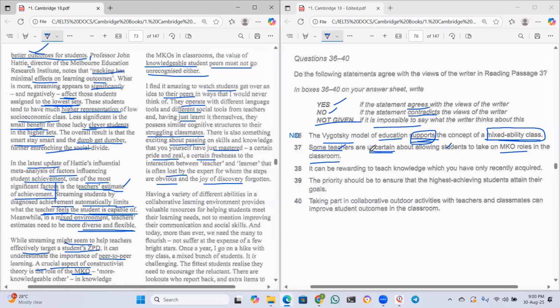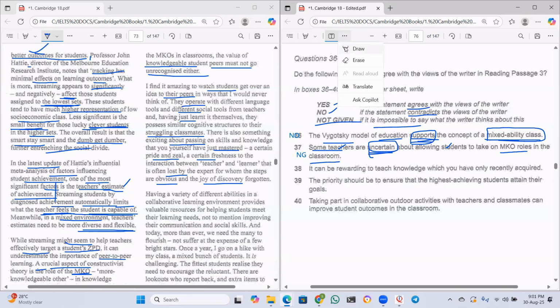So, some teachers are uncertain about allowing students to take MKO roles in the classroom. Did he talk about that? I don't think he even spoke about teachers being uncertain. See, in today's world, teachers are the MKOs in the classroom. The value of knowledgeable student peers must not go unrecognized, meaning students' knowledge should not go unrecognized. But it is not given anywhere that teachers are uncertain, right? I think this is something not given, so I'll write the answer here. Nowhere in the passage is it given that teachers are uncertain about allowing roles for students.